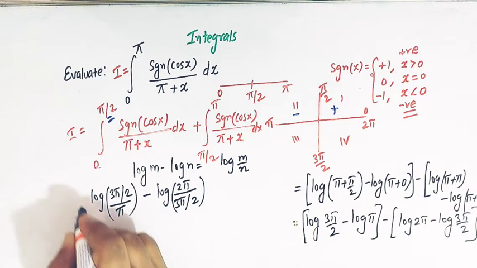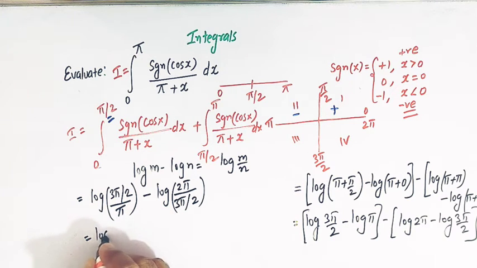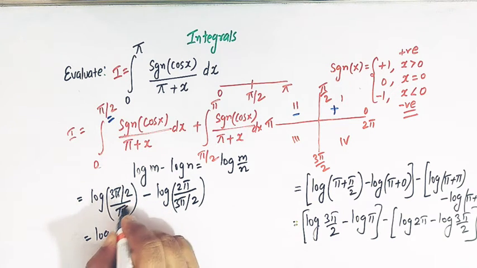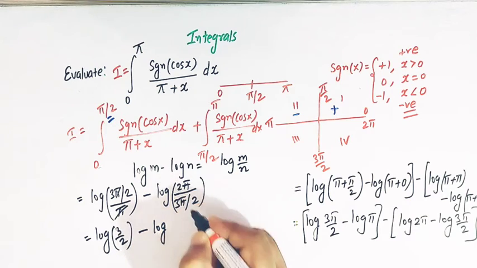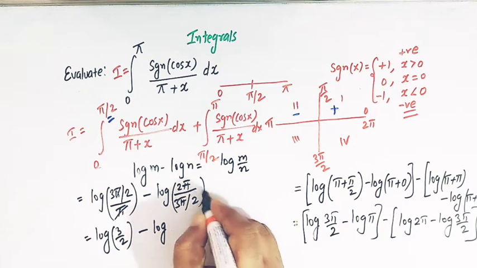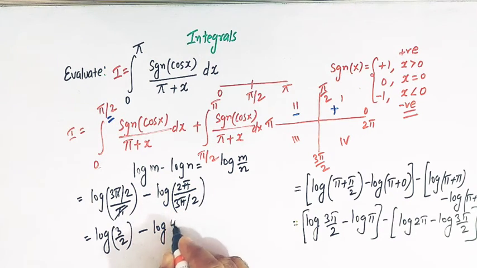Here we can cancel pi and pi, so this is 3 over 2, and the 2 goes to the numerator, so we have 4 over 3.